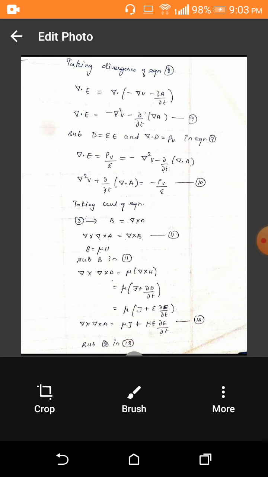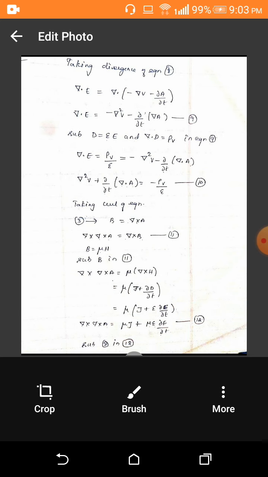So, what are we going to do in the next step? We are going to substitute D is equal to epsilon E and del dot D is equal to rho V in equation 9. So we take the ninth expression, del dot E is equal to minus del square V minus dou by dou t of del dot A. In this case, del dot E is equal to rho V by epsilon.